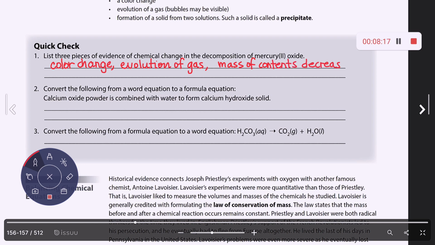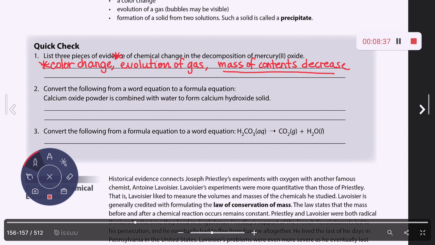This is not a common thing, but if you were doing a lab trying to figure out if you were producing a gas, and the mass of the contents decreased, then that means a gas was produced and that substance is leaving. Does that make sense? But these two are the most obvious forms of evidence.